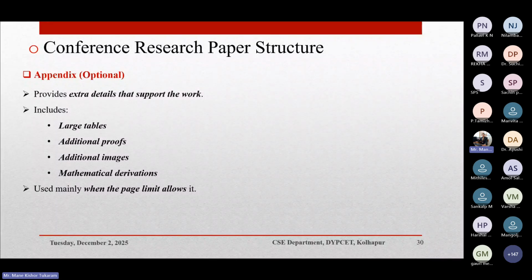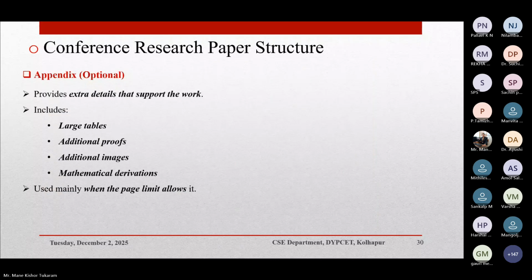In that case, they can include them under the appendix. Many times you might observe that many papers have an appendix section where they give more information in support of the work. We can use this appendix whenever the page limit allows us. Okay, so this is the section.